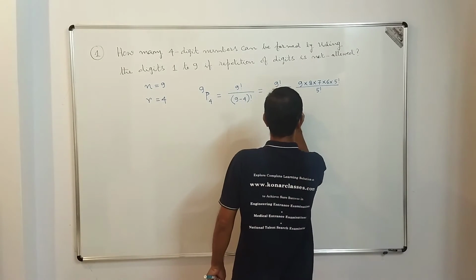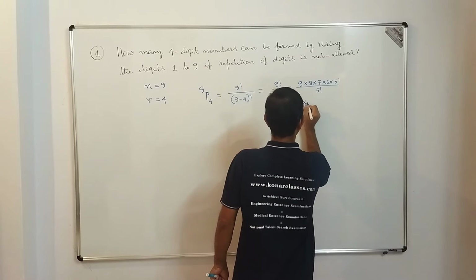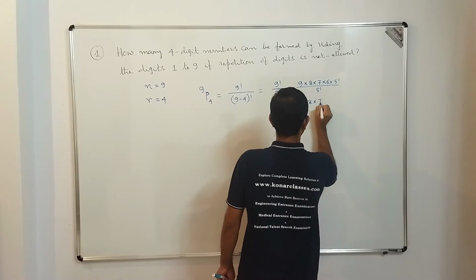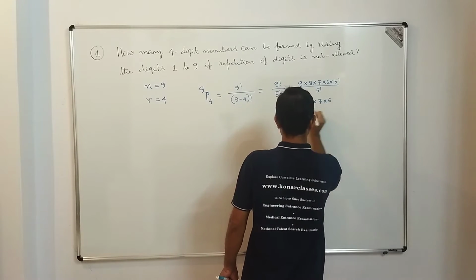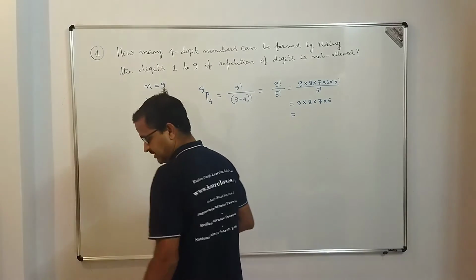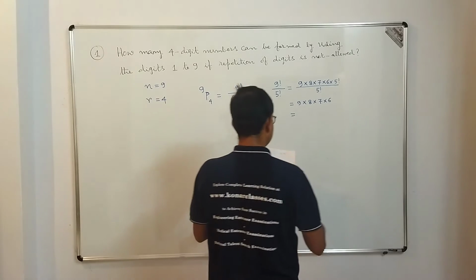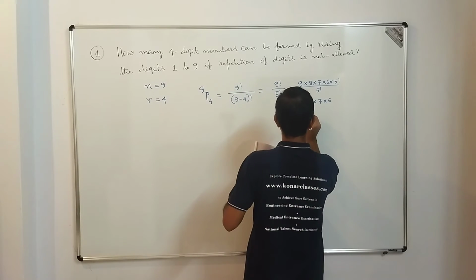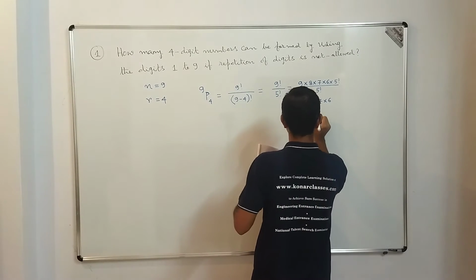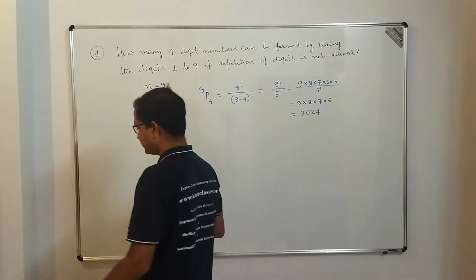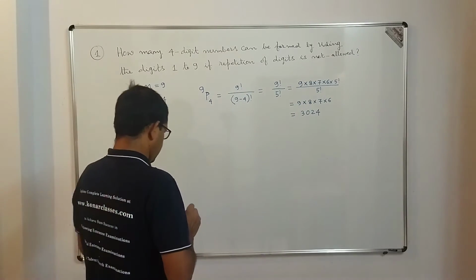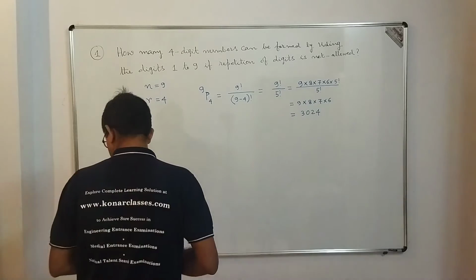So the value is 9 into 8 into 7 into 6, and I can take that value from the note just to save time. That is equal to 3024. Okay, so that is the answer to the first question. Now let's proceed to the second question.